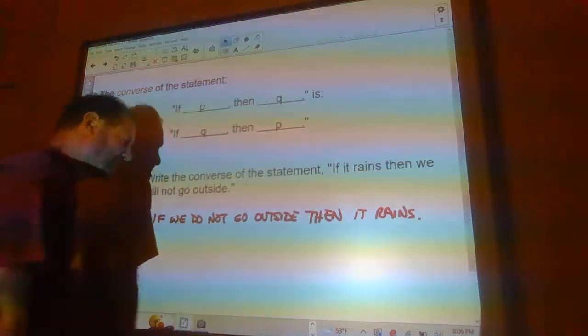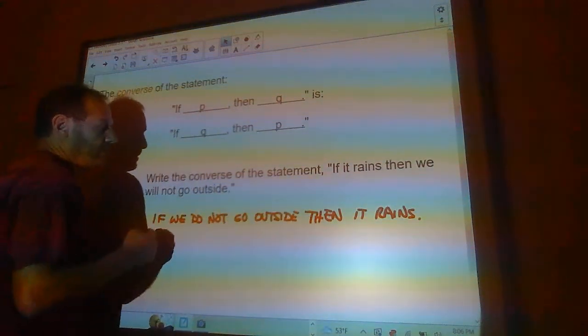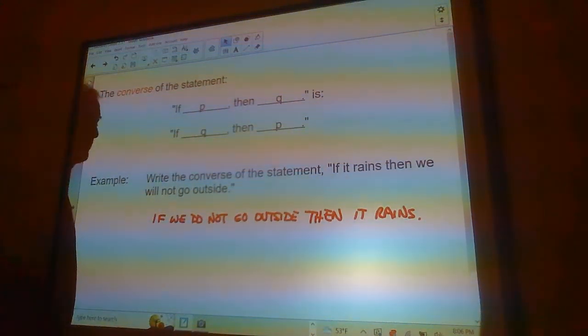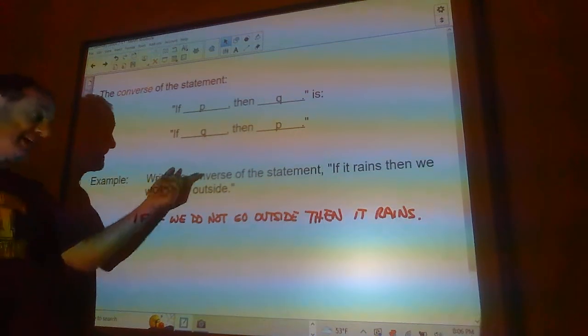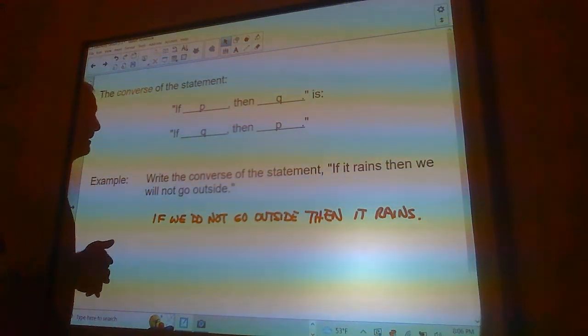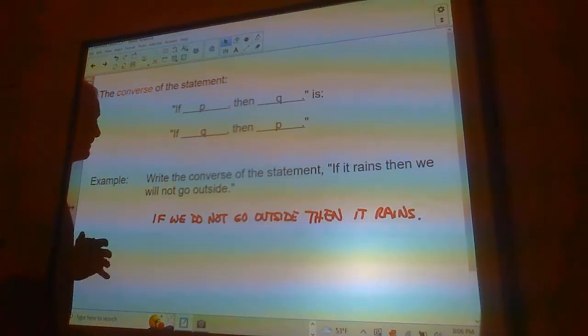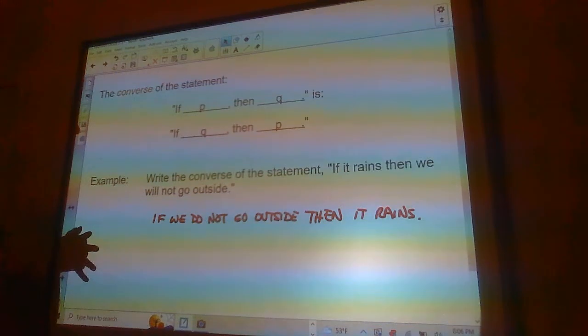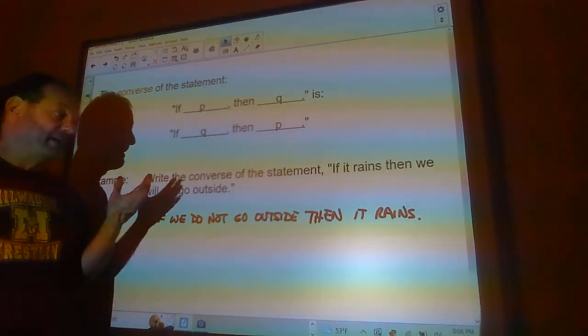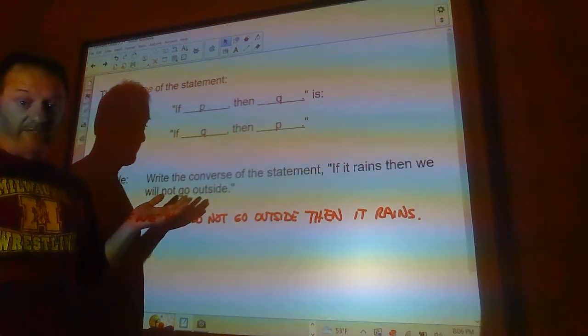Okay, now here's the thing. This statement could be true, and this statement could be false. The converse does not necessarily have to be the same, true or false, as the original statement. Okay? So, for example, we might have a policy that if it rains, then we just don't go outside.